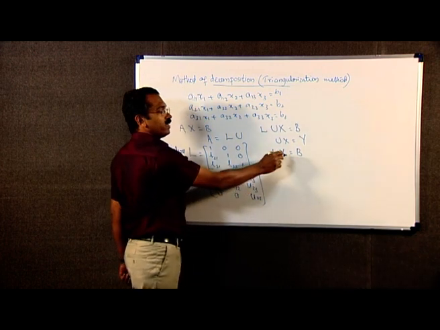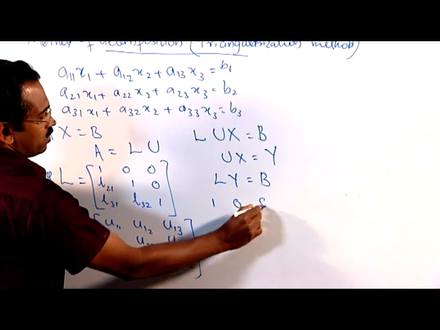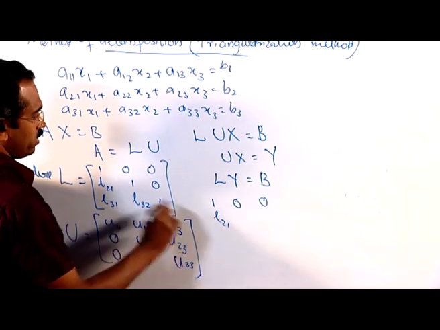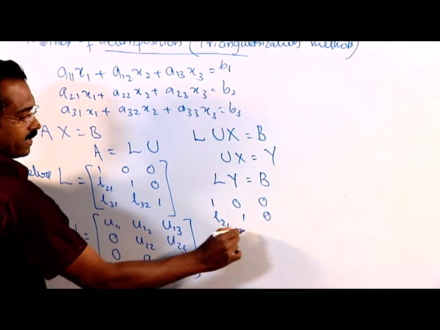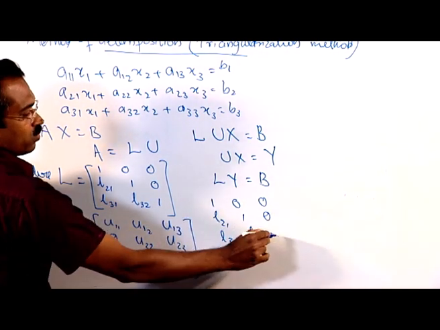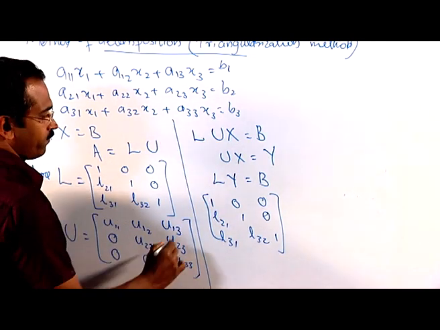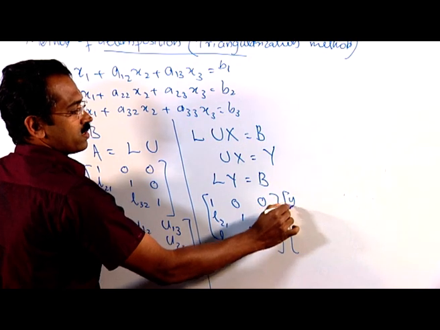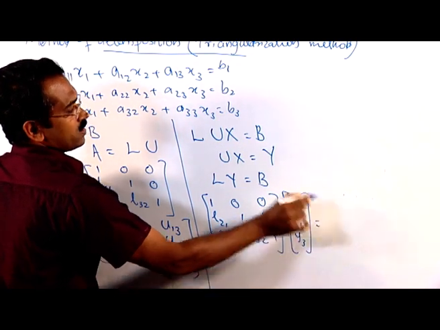Then Ly is equal to B gives 1 0 0, L21 1 0, L31 L32 1, times y1, y2 and y3, is equal to B.